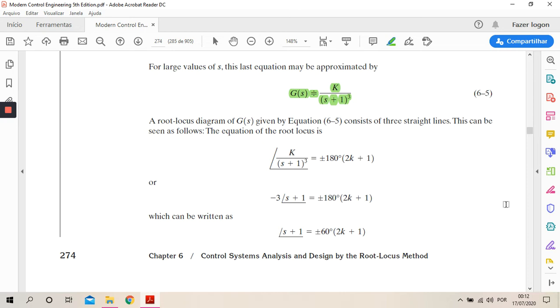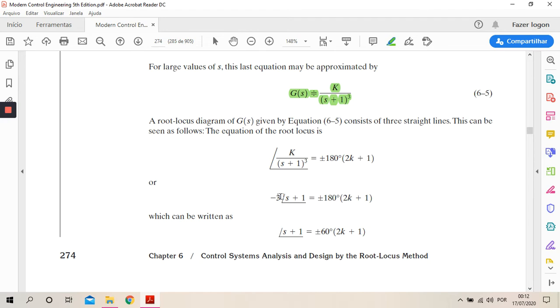The equation of the Routh locus is k divided by s plus 1 cubed equal to plus or minus 180 degrees times 2k plus 1, or negative 3 times the angle of s plus 1 has to be equal to, this is the angle condition, plus or minus 180 degrees times 2k plus 1, which can be rewritten as the angle of s plus 1 equal to plus or minus 60 degrees times 2k plus 1.